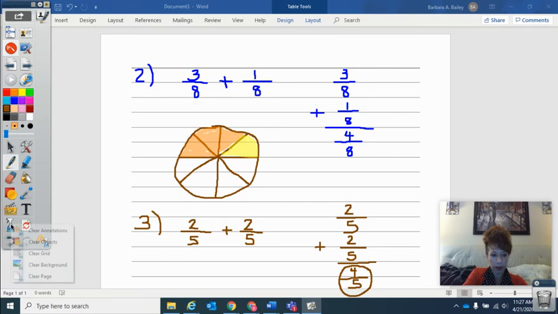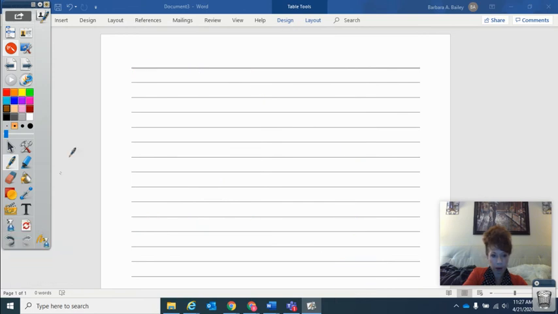I'm going to clear these out. And let's try red. So let's try a subtraction. Let's say I have 7/8 minus 3/8.